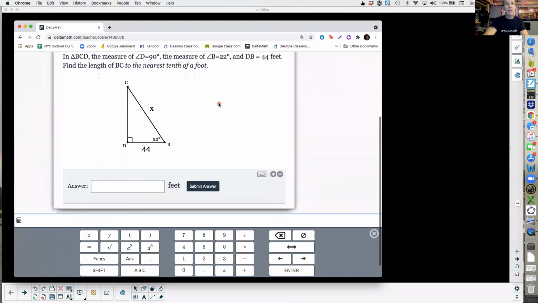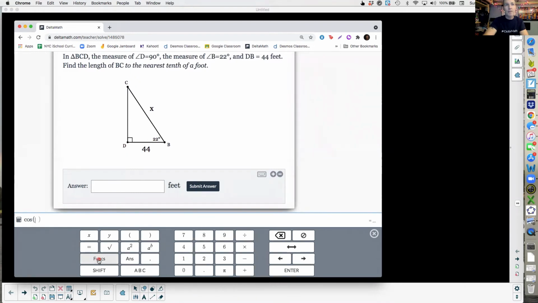And in order to get, so what was it? It was 44 divided by the cosine of 22. And look here, this is my adjacent side, here's my hypotenuse, so I know I need to use cosine, and I'm looking for the hypotenuse, so I'm going to end up dividing by the trig function. So it's functions, cosine.